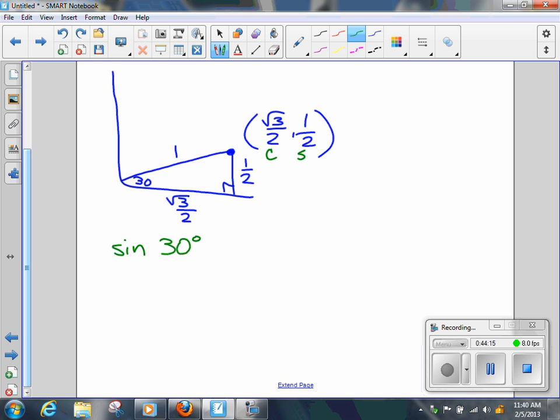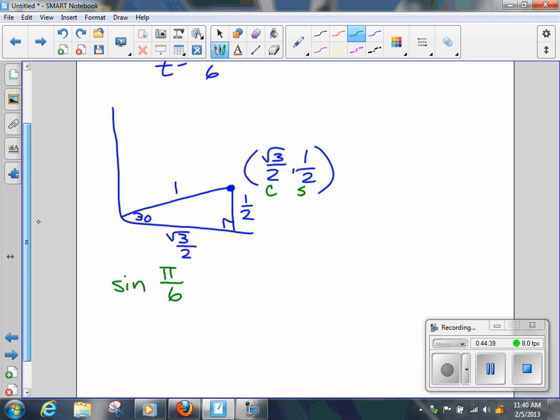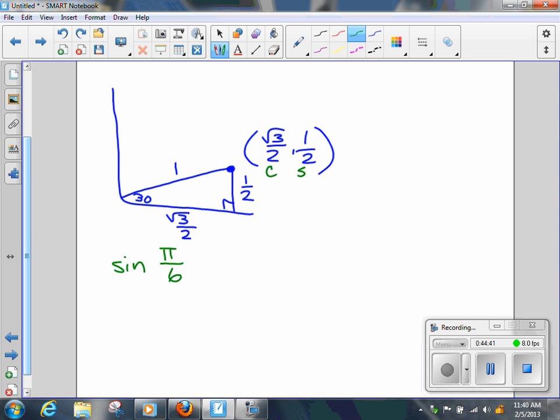Sine of 30. We shouldn't put 30. We should put pi over 6 because that's what we were given. Sine of pi over 6, because remember, we always go in order: sine, cosine, tangent. We're getting ready to list them all. Now, sine. It's already up there. It's 1/2.